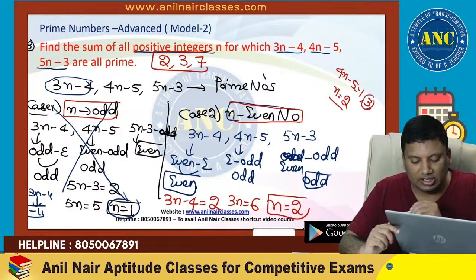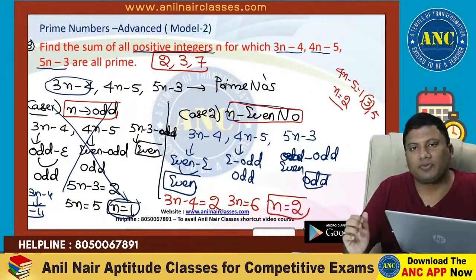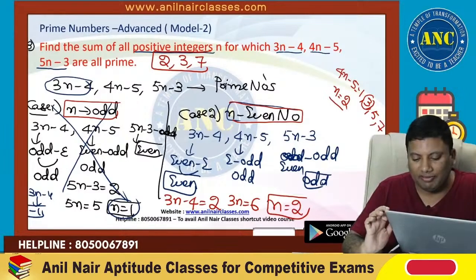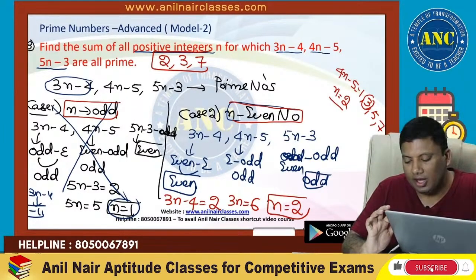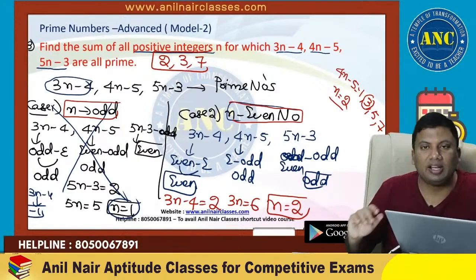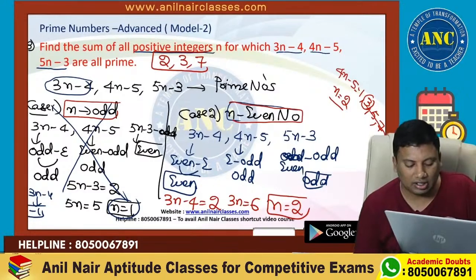This case it is possible. That is what I did. If 4n minus 5 is 5, n value is 10 by 4, not possible. Now if you see 4n minus 5, it is 7, 4n equivalent to 12, n is 3. If n is 3, I am telling that n is an even number. Like that, further cases are not possible.